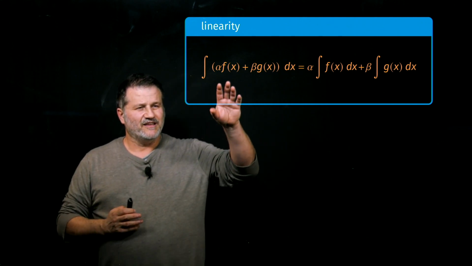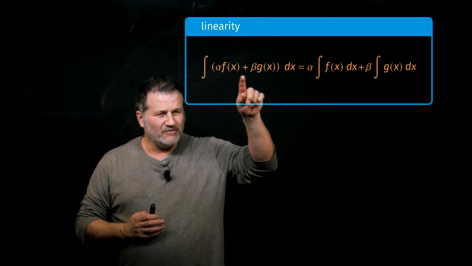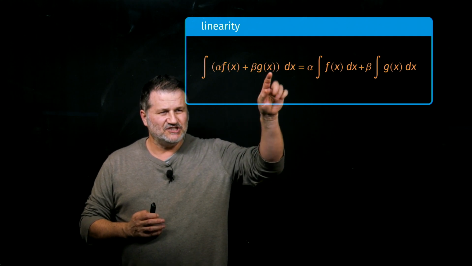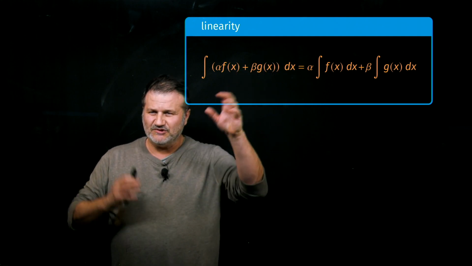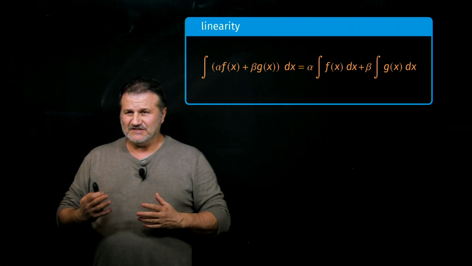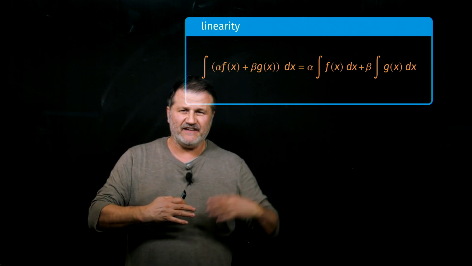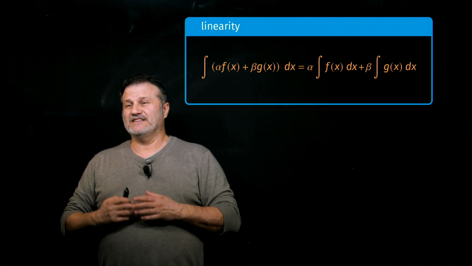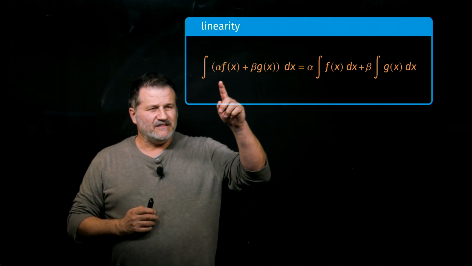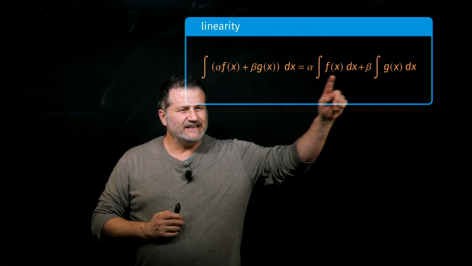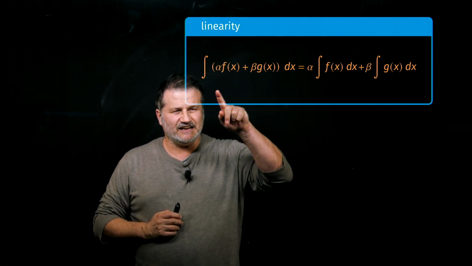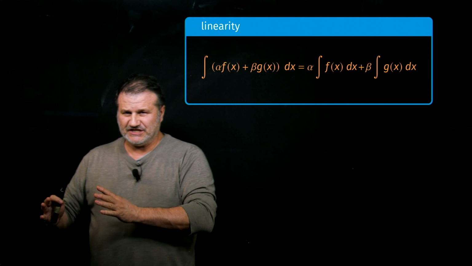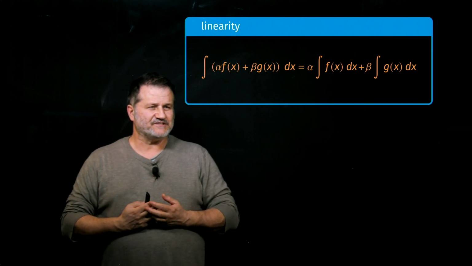So for example, if we have a linear combination alpha f plus beta g and we differentiate this, the derivative of alpha f plus beta g is alpha derivative of f plus beta derivative of g. The same happens with the primitive. The primitive of a linear combination is the linear combination of primitives. Here, clearly, alpha and beta are constant, so scalars, numbers.